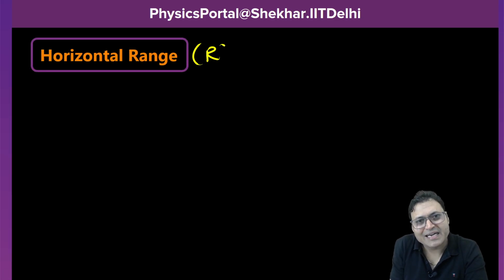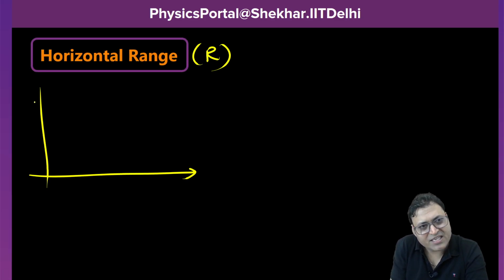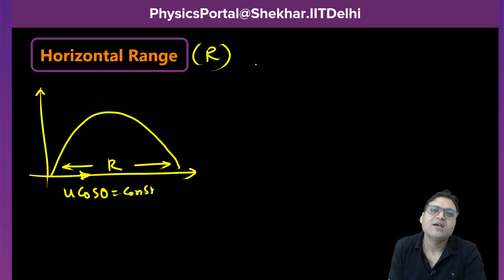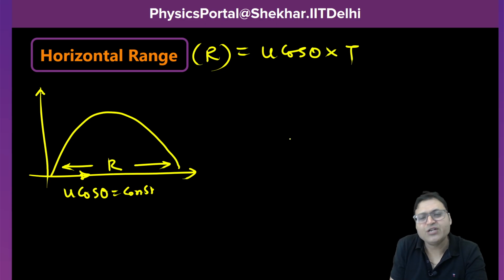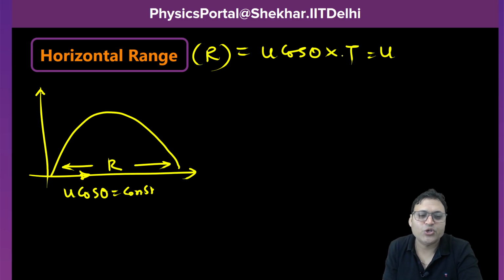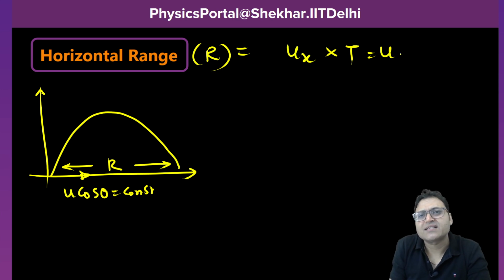Next is horizontal range. As we know that in the horizontal direction there is no acceleration and the velocity remains constant, u cos theta remains constant. So this is called the horizontal range. For horizontal range we can say it is u cos theta into time of flight, or we can call it ux into time of flight.